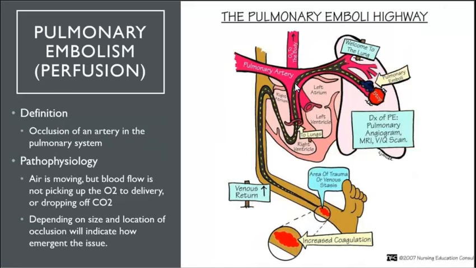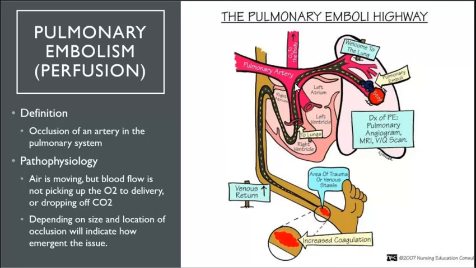Looking at a pulmonary embolism, it is an occlusion of an artery in the pulmonary system. So what is happening? Air is moving, but blood flow is not picking up the oxygen to deliver or drop off that CO2. So when we breathe in, we're breathing in that oxygen, and hopefully our alveoli are exchanging that for that waste product of CO2, the acid, and then we can breathe it out.